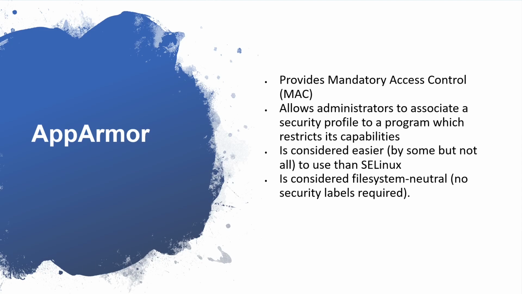It is considered easier by some, but not all, to use than SELinux. It is considered filesystem-agnostic, with no security labels required. AppArmor supplements the traditional Unix discretionary access control, DAC, model by providing mandatory access control, MAC.